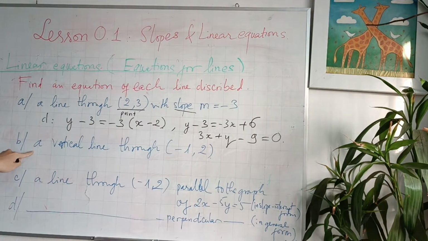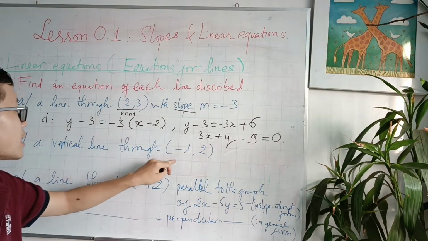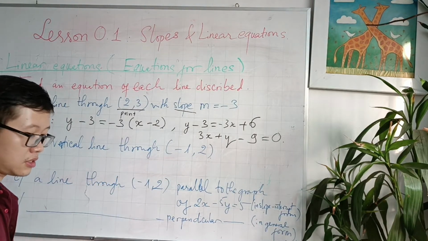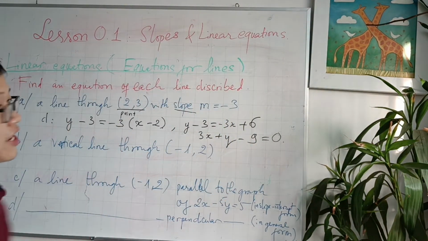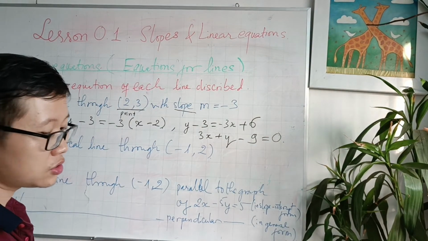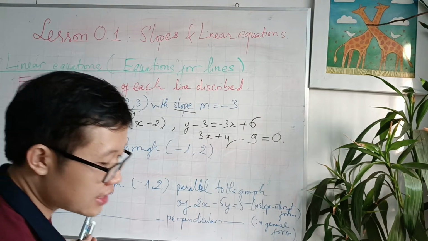Question B. A vertical line through negative 1 and 2. As I said in the opening of our lesson, when we have a vertical line, it's perpendicular to the x-axis.